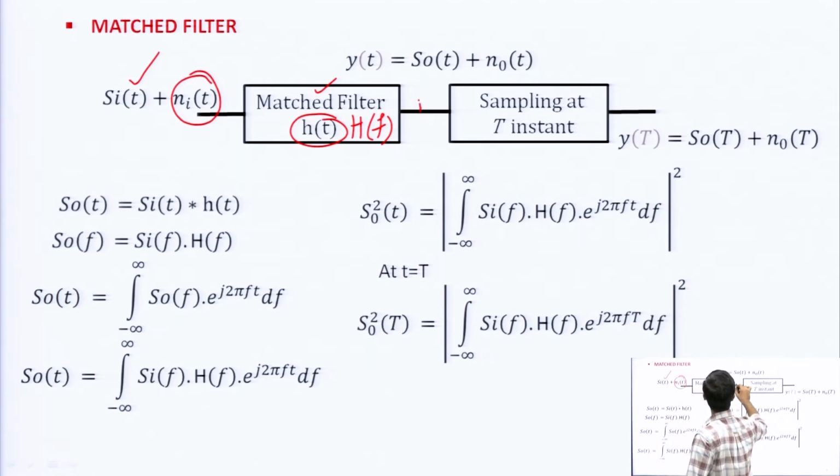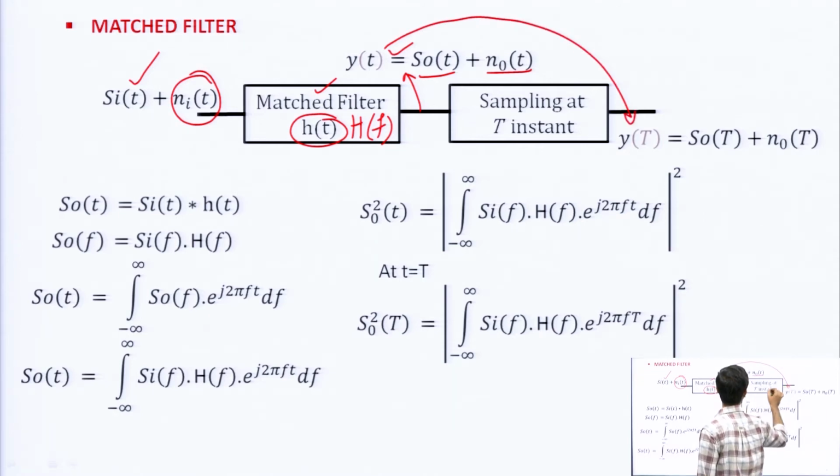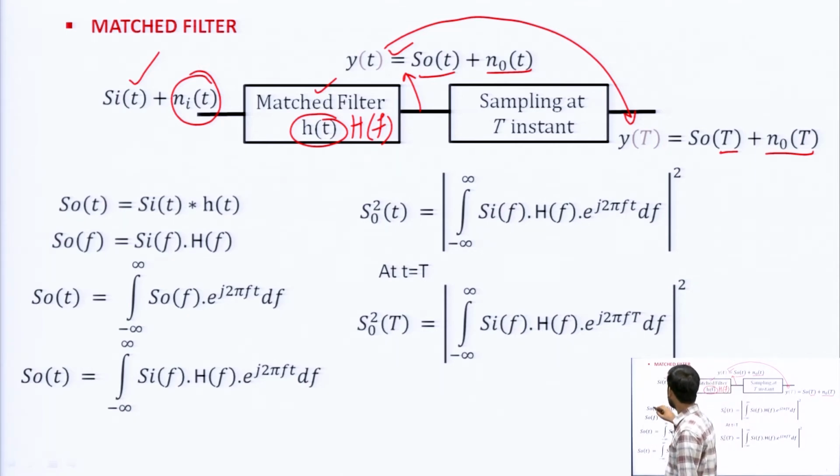In the matched filter output, we have S naught of t plus N naught of t, and after that I sample this y of t at every interval capital T. So, y of T is S naught of T plus N naught of T. We know that S naught of t is the output in the absence of noise, Si of t is the input, and h of t is the filter.